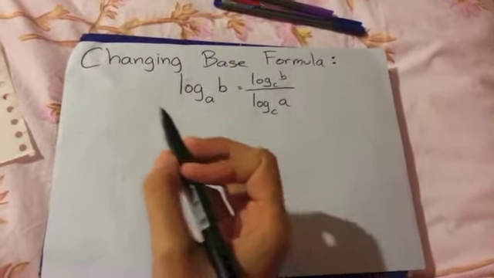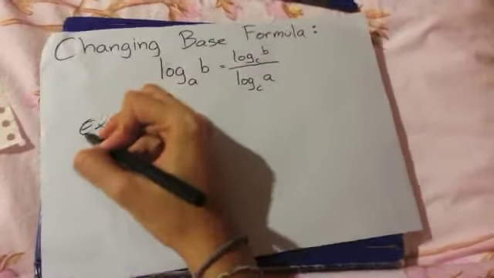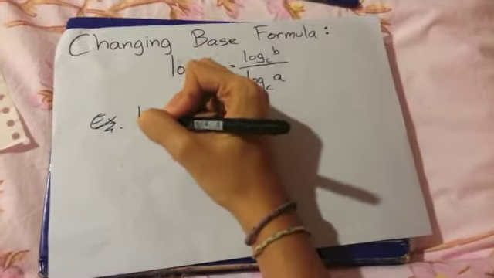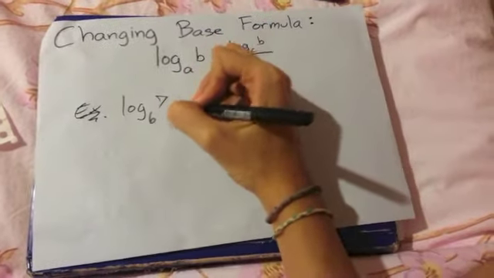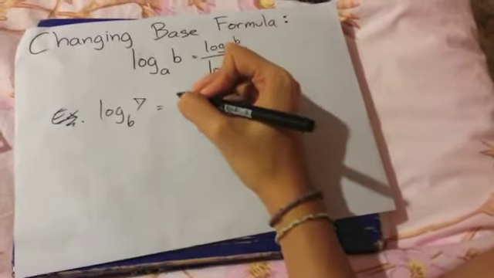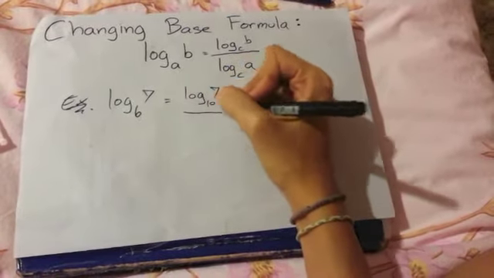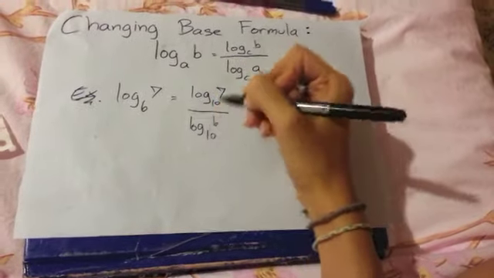Example for the changing base formula. Example, log 7 in base 6 is going to be equal to log 7 in base 10 divided by log 6 in base 10.